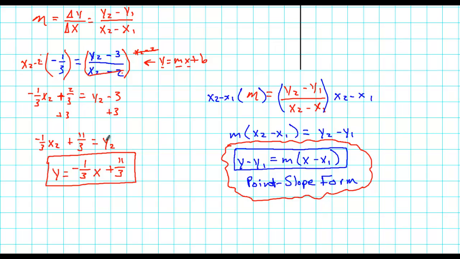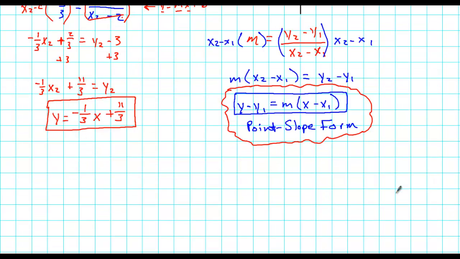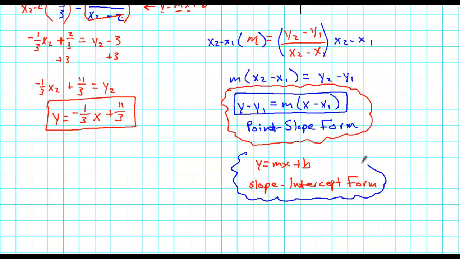Just move this around a little bit, and you wind up with y equals mx plus b, and you know that y equals mx plus b is called slope-intercept form. These are the two forms, or two of the forms, I should say, that you're going to be required to write lines in.